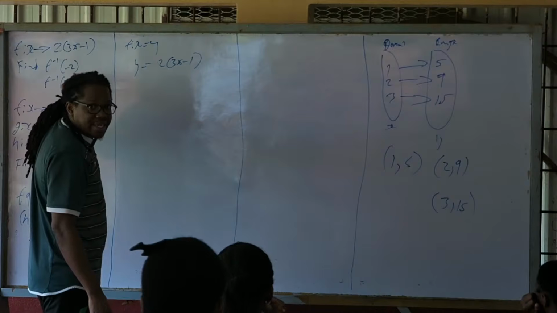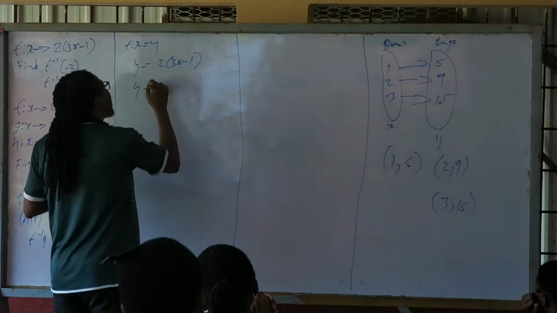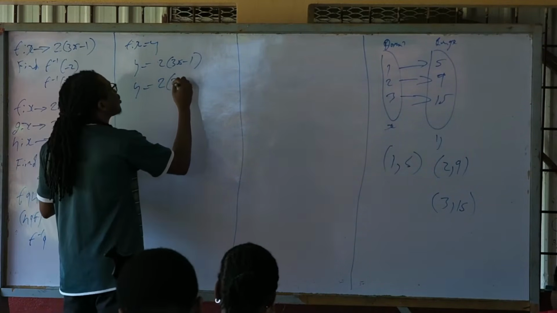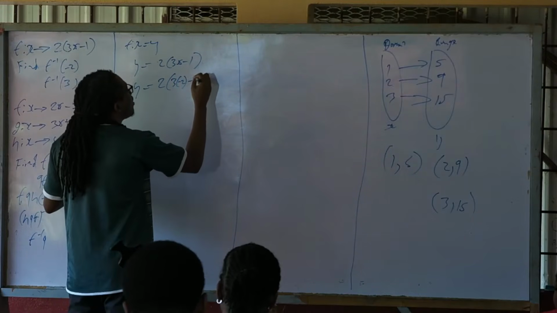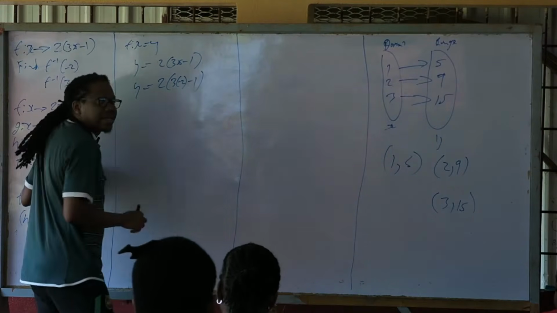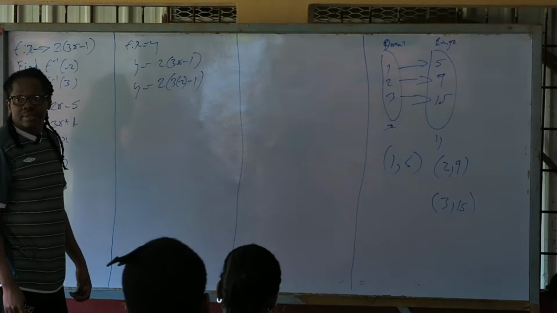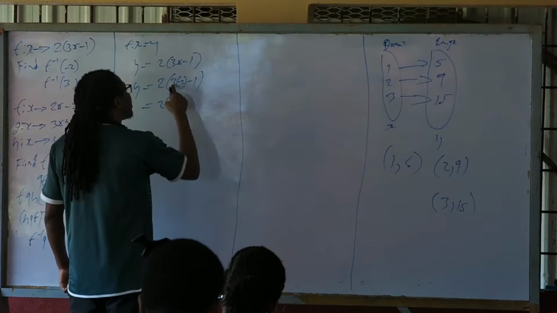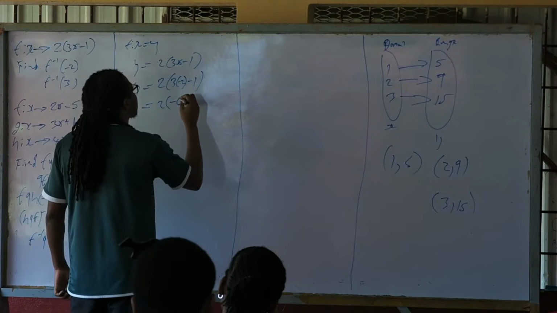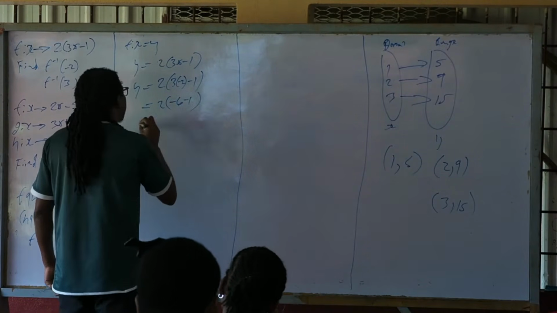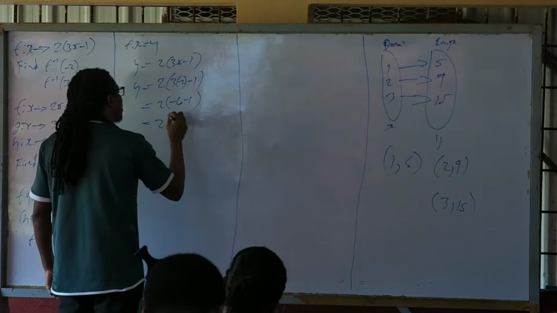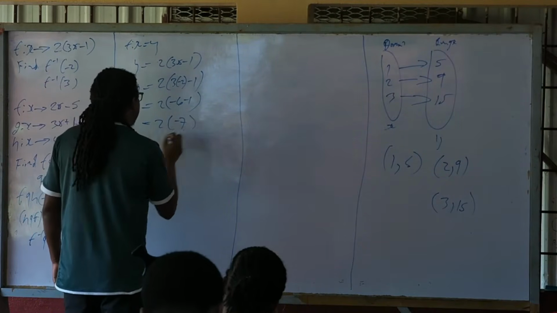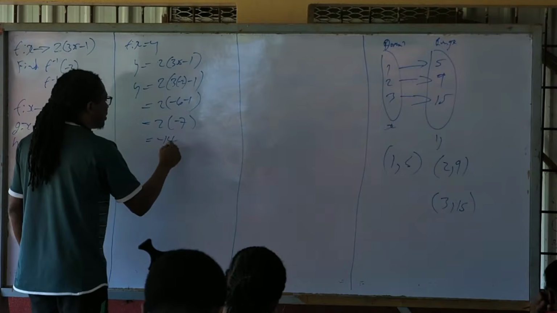So y equals 2 bracket 3 bracket minus 2 minus 1 end bracket, which is 2 bracket 3 times minus 2 minus 6 minus 1, so 2 bracket minus 7, which is minus 14.